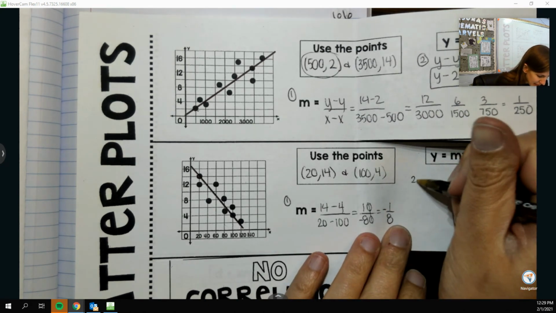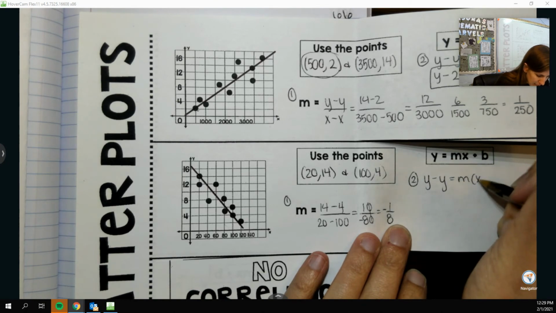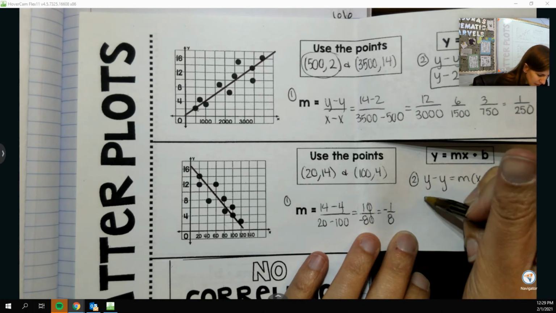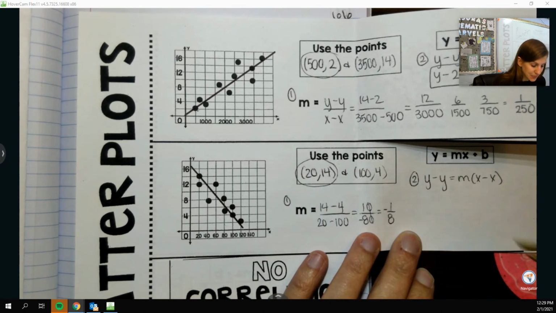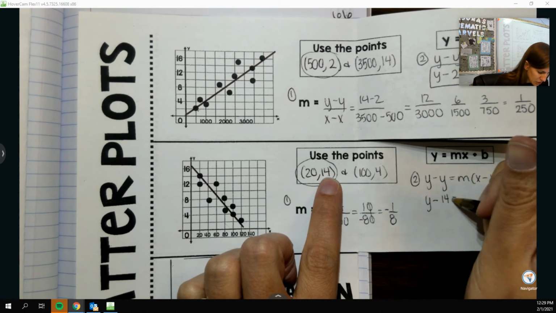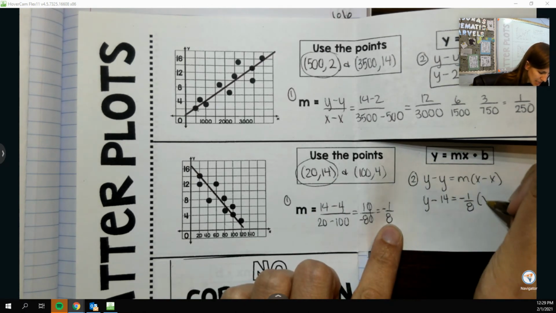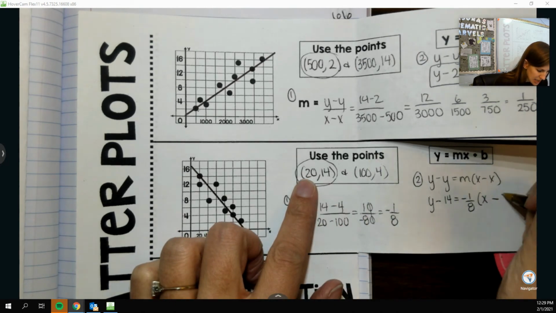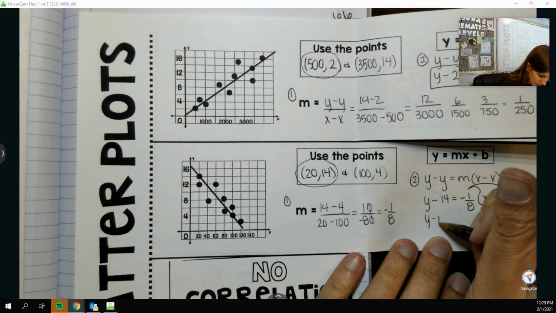Okay, so secondly, we're going to put it in point slope form, and then this time we'll fully rewrite it. So I'm going to go with the smaller point again, the 20 comma 14. So y minus y, which is 14, equals m, which is negative 1/8, parenthesis x minus x, which is 20. Then I'll distribute.